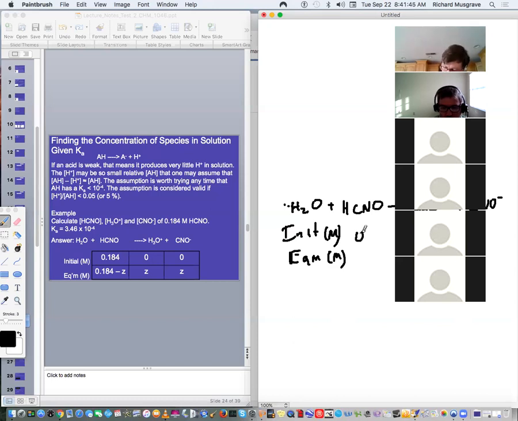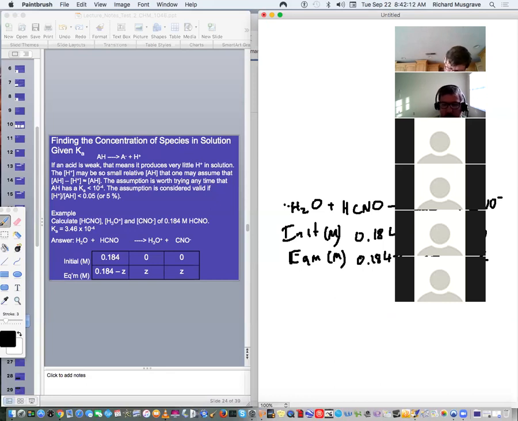So we're going to have 0.184 initially as the concentration of the HCNO, and everything else is going to be zero. The product's going to be zero. Then at equilibrium, this is going to split apart, and we're going to have 0.184 minus Z and Z and Z. Z and Z are the concentrations of the H3O plus and CNO minus products.